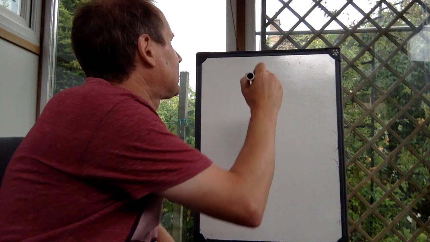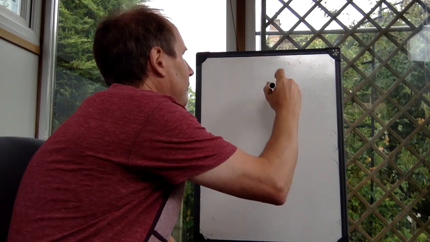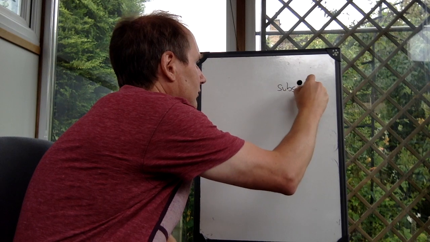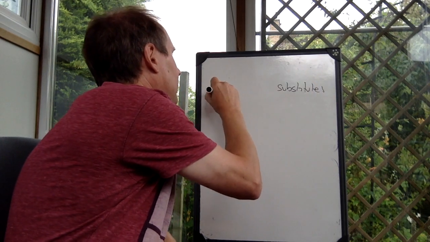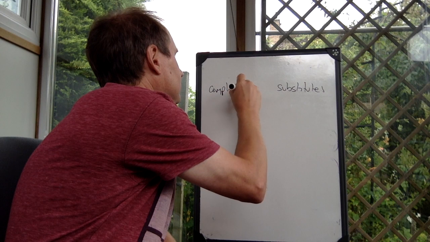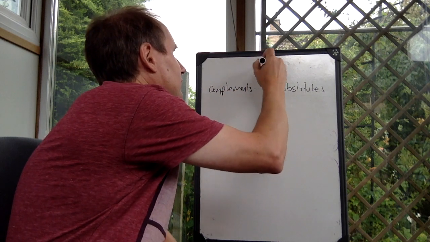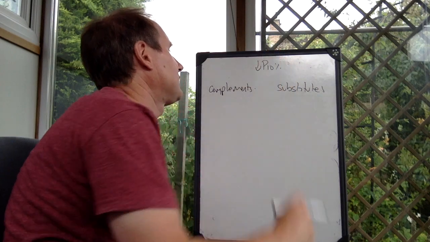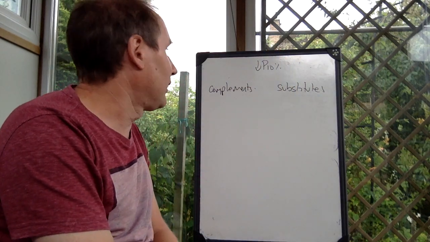So, let's suppose that over here we'll have substitutes, and over here we'll have complements. And let's suppose that there is a decrease in the price of something by 10%. What sort of reaction might we get?